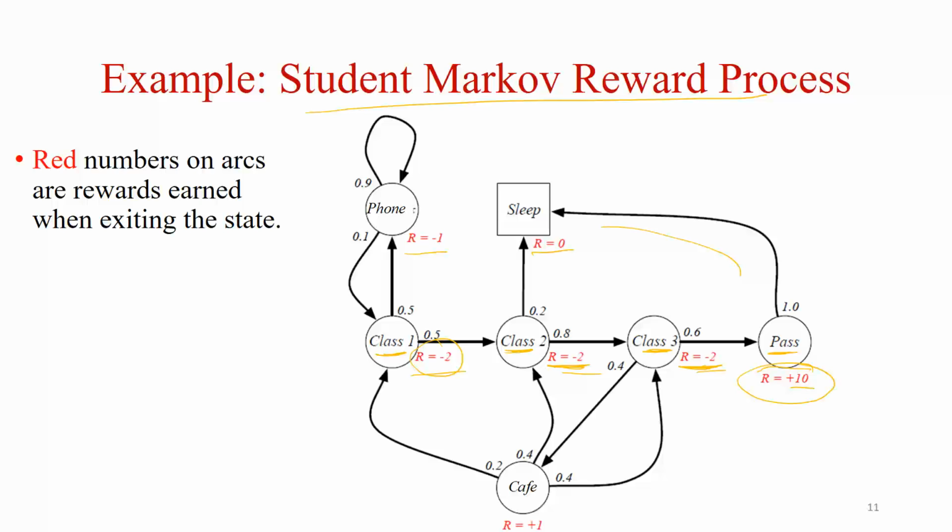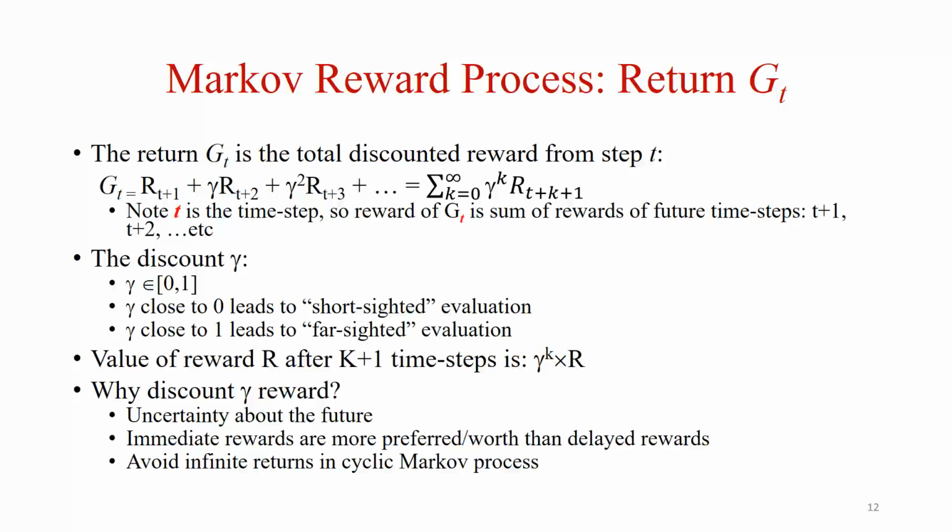Okay, so basically now we are going to introduce a concept which is the return, G_t. G_t is the total discounted reward from time step t. This is a very important definition.